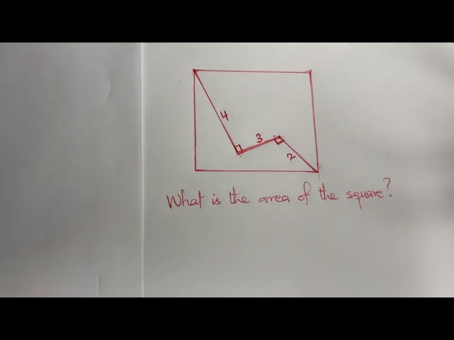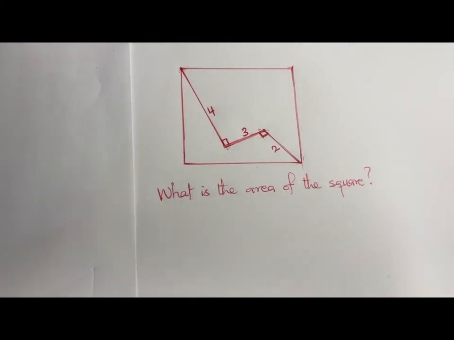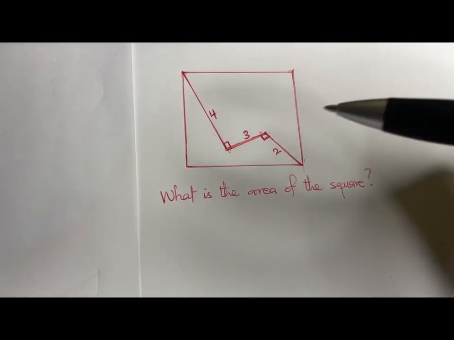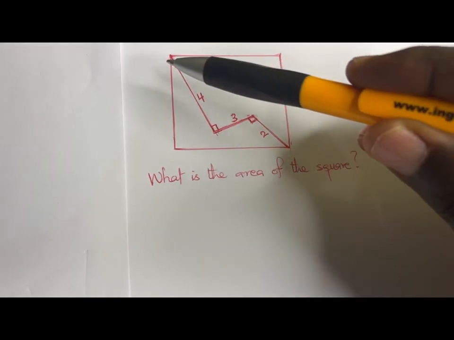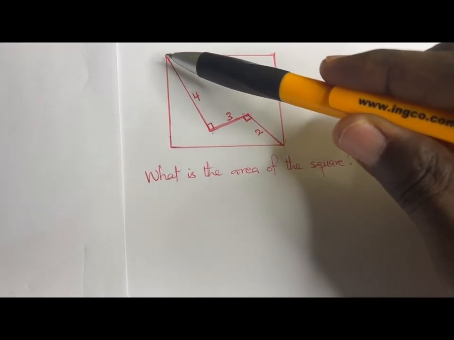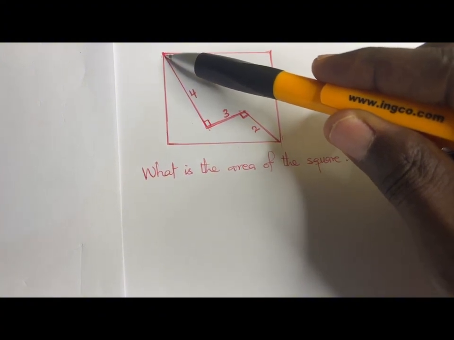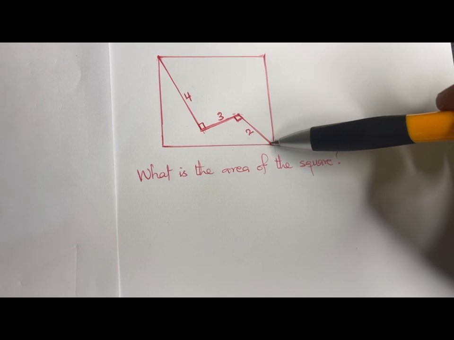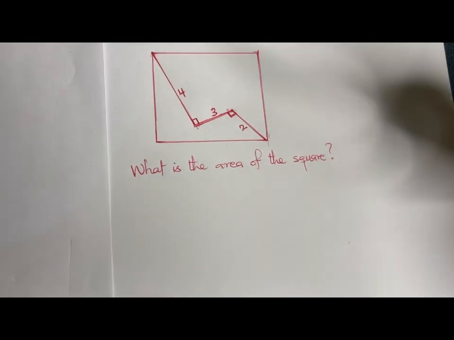Now, this is an interesting question. In order to solve this, we first have to join this point here to the point here. So we create a diagonal for this so we can easily solve.